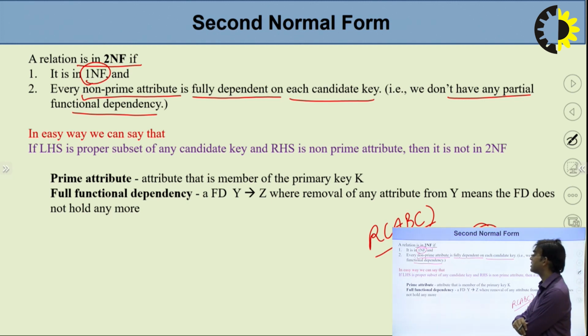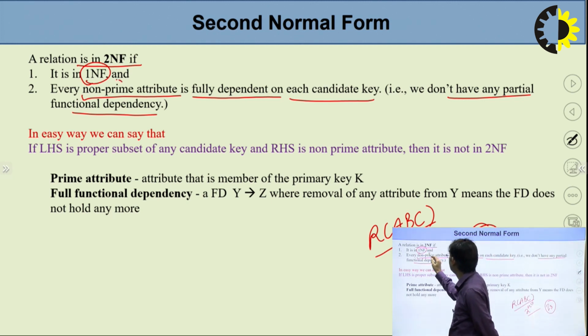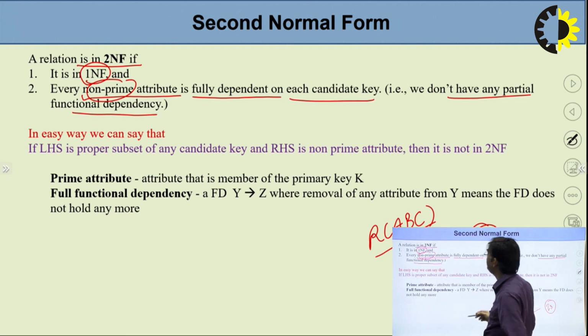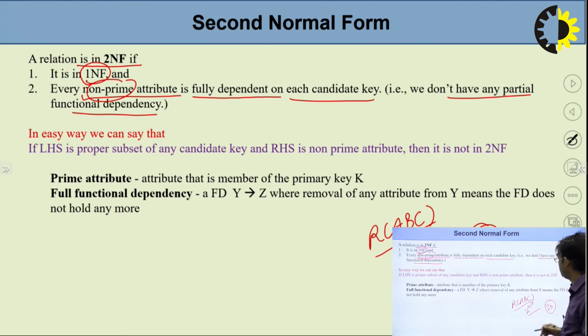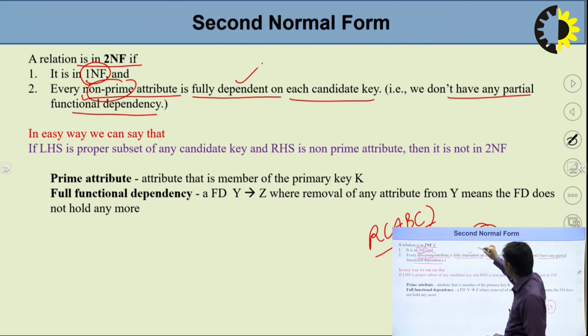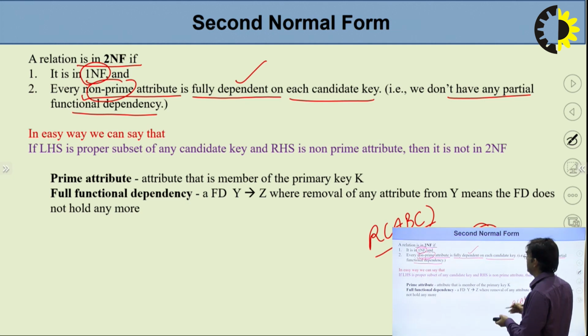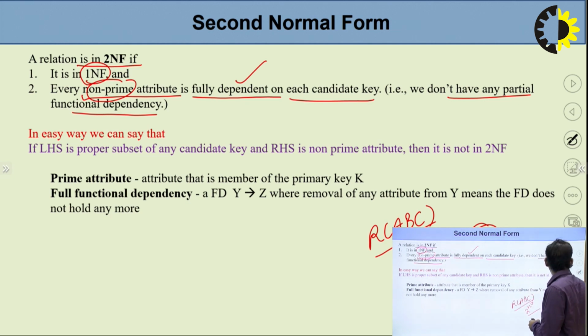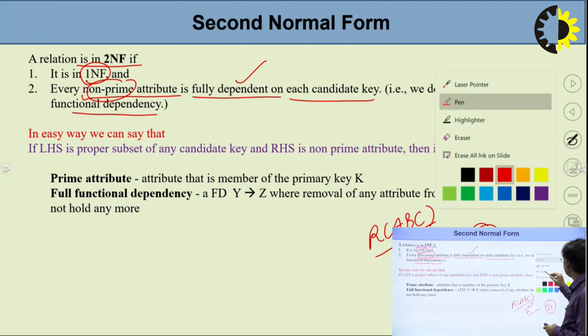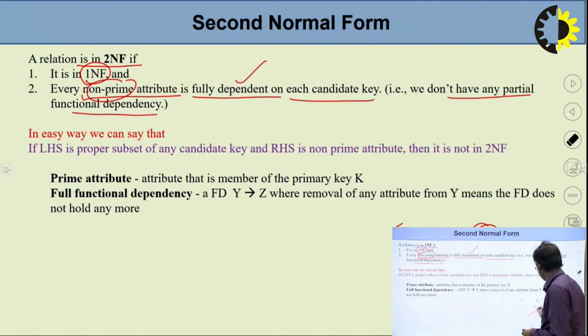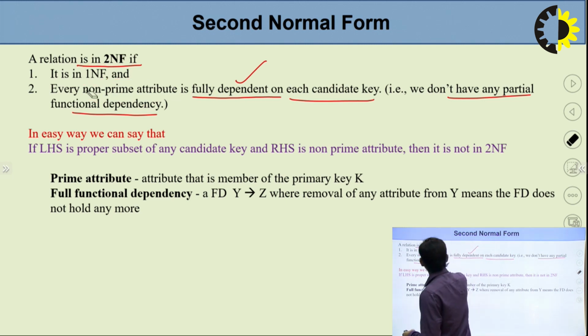Now we have to understand what we mean by non-prime attribute. First we have to understand non-prime attribute, fully functional dependence, and partial functional dependence. Then definitely we can convert a given relation into second normal form. First we have to understand the concept of the non-prime attribute.